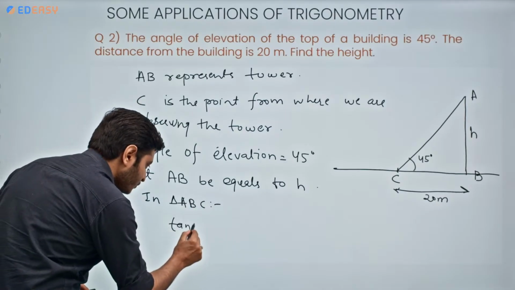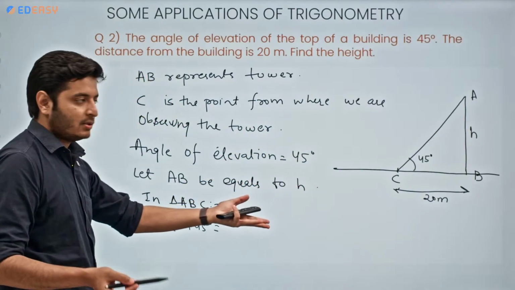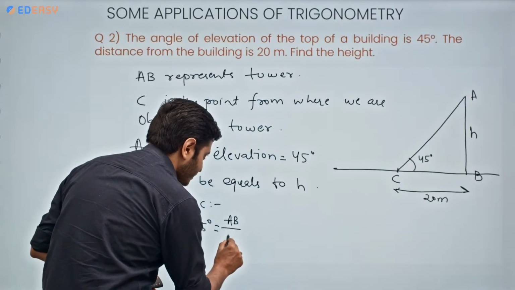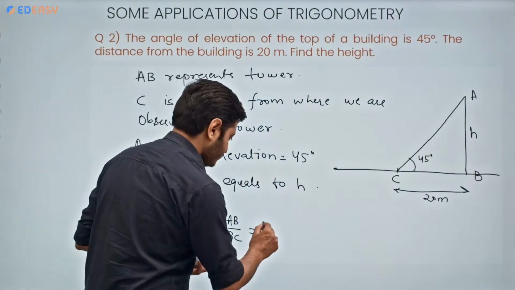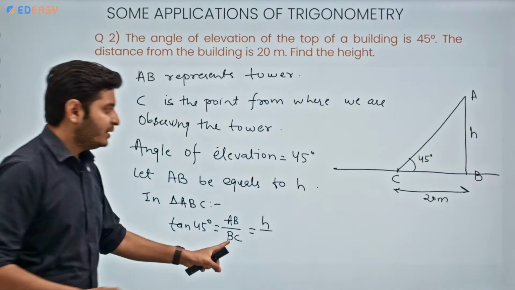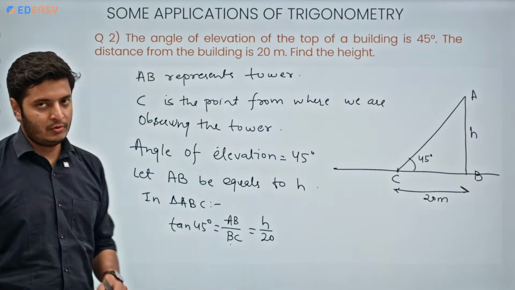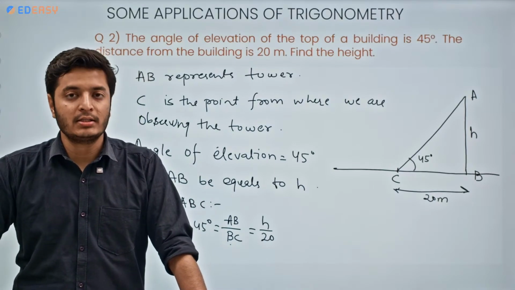tan 45 degrees is equal to perpendicular by base. Perpendicular here is AB, base here is BC. AB is h, BC is 20. Now, do we know the value of tan 45 degrees? Yes, we know the value of tan 45 degrees. It is 1.